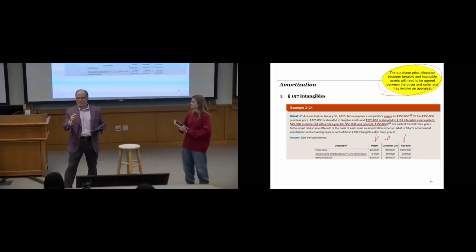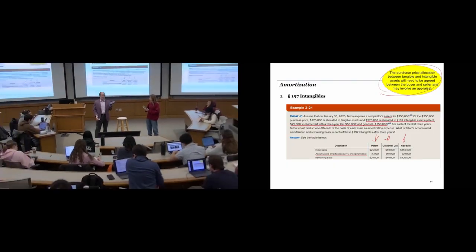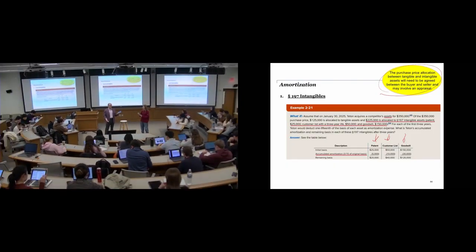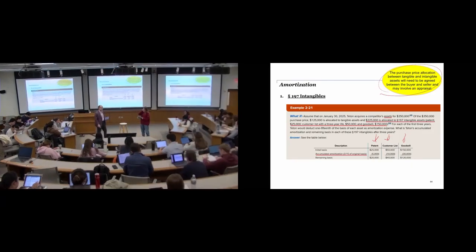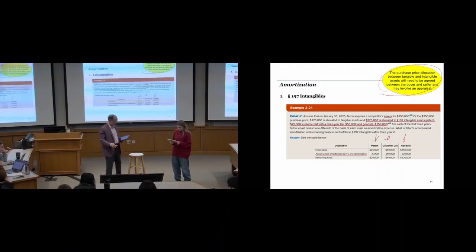The government doesn't want to be whipsawed by the buyer treating it one way and the seller treating it another way. So they at least want consistent treatment at the end of the day, so they don't get whipsawed on one transaction by 2 parties looking at it differently. And so this is usually agreed to by the 2 parties as to how we're going to treat the purchase price allocation amongst these. Okay, thank you.